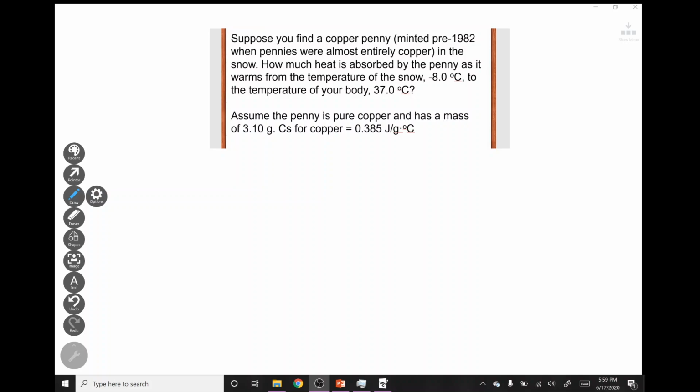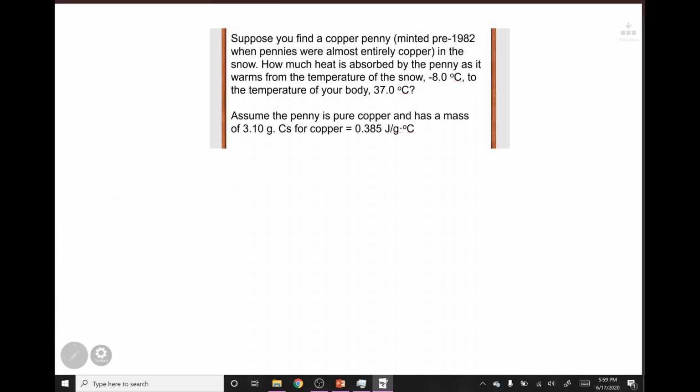Okay, so let's take a look at this one. First thing, let's just collect our terms. We were given that our mass, M, is equal to 3.10 grams of copper.